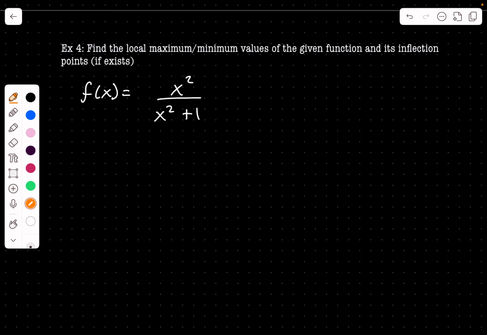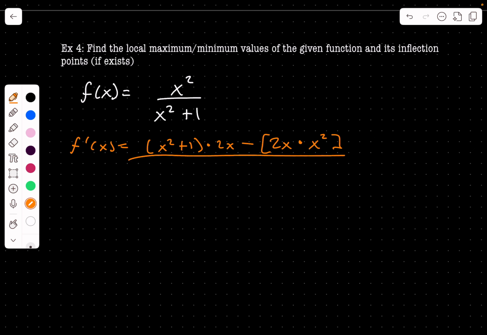Let's first find our first derivative, and we're going to have to use our quotient rule. We get the denominator times the derivative of the numerator minus the derivative of the denominator times the numerator, all over the denominator squared.